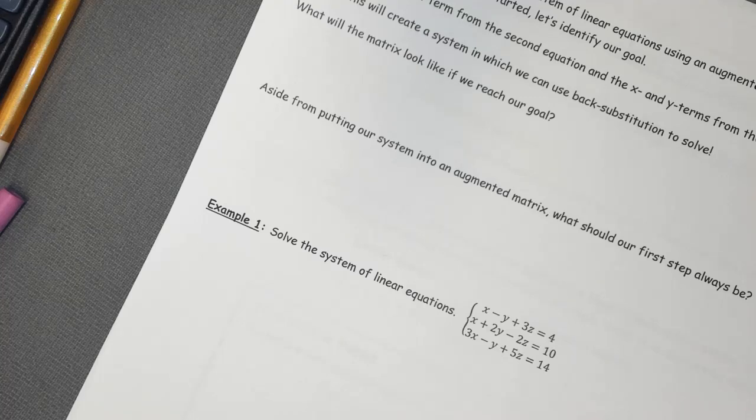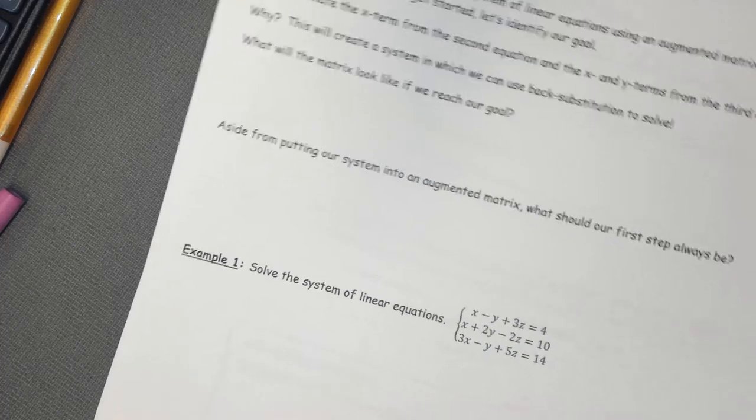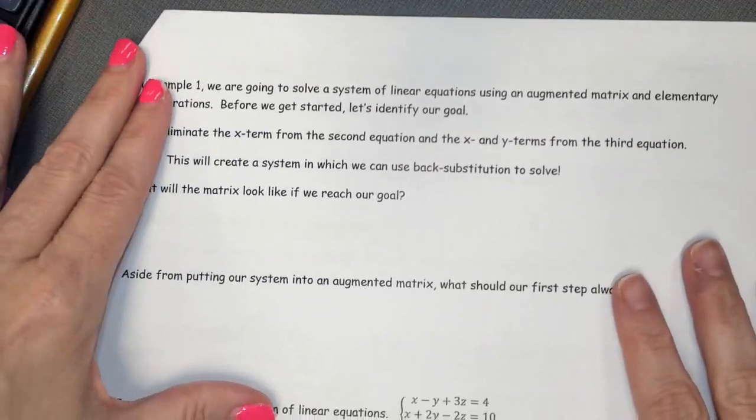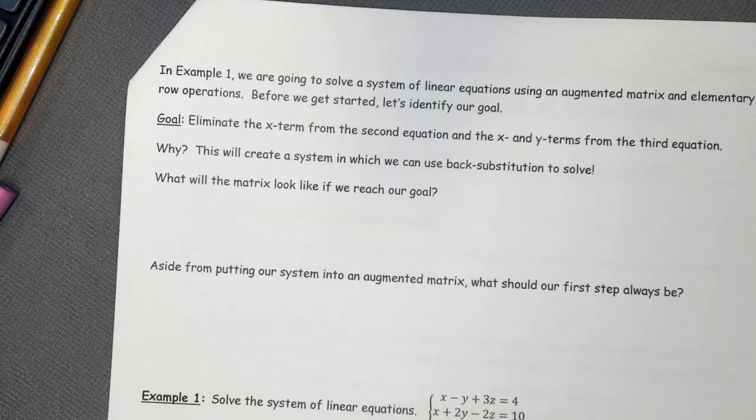Okay, so we're going to solve a system of linear equations, and we're just going to identify what our goal is so you guys understand what we're trying to do here. We're trying to solve a system of linear equations using an augmented matrix and those elementary row operations.